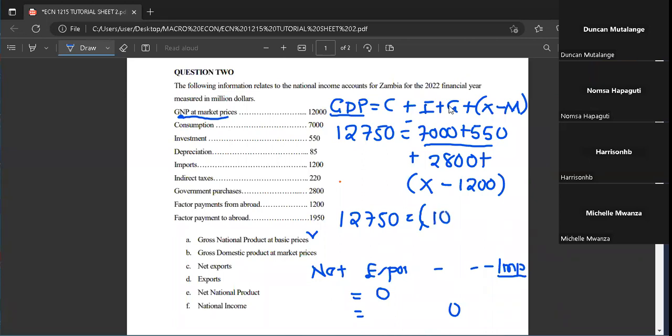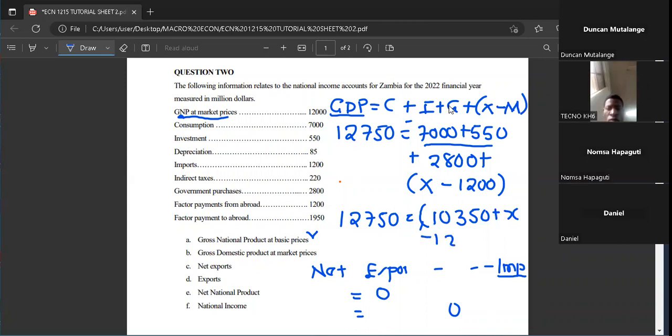So 10,350, plus the X, minus this 1,200. Let me just calculate as well. 10,350 is okay. So now calculate 10,350 minus 1,200. You're going to remain with 9,150.